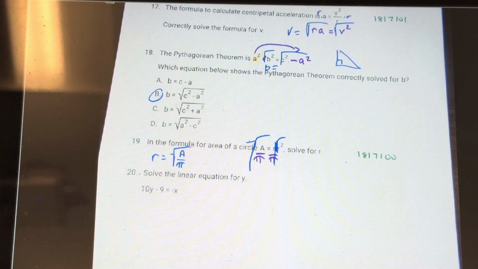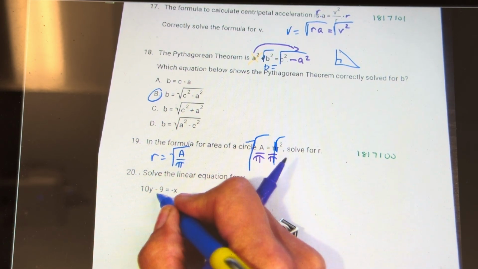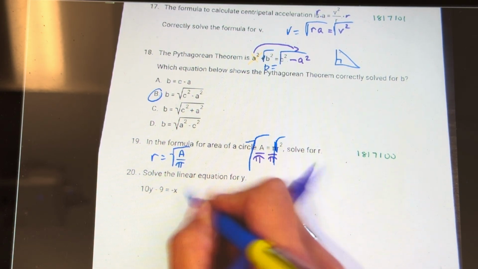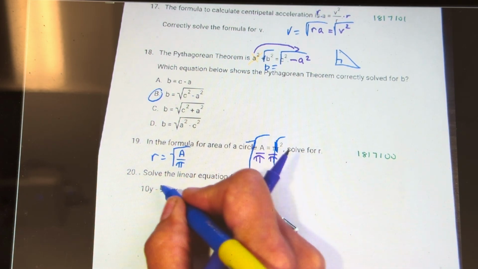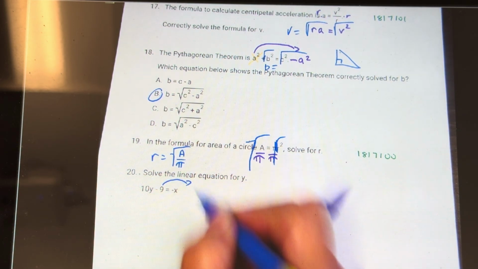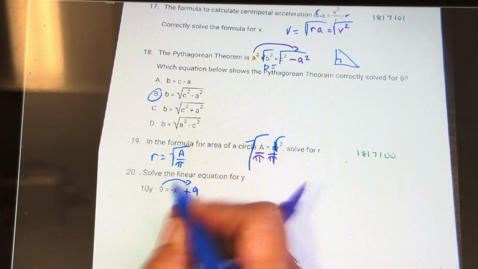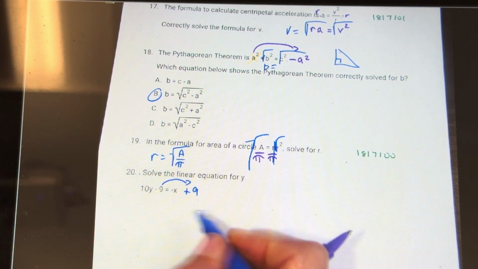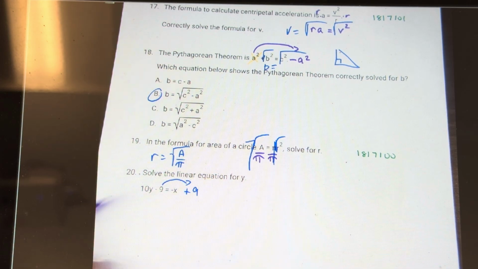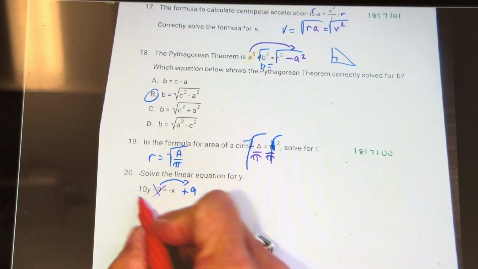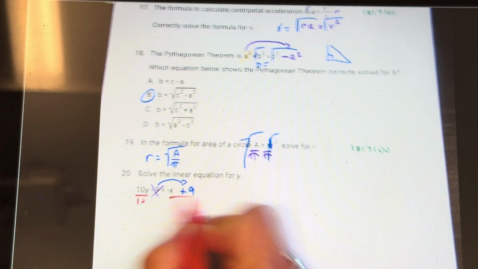Okay, number 20, solve for y again. So again, this negative 9, there's not another constant over here, just an x. So since there's nothing to combine with, I'm just going to move it. So opposite of negative 9 is positive 9. And then we're going to divide, so that's gone. And we're going to divide everything by 10. And since nothing is divisible, I'm just going to put a big 10 on the bottom.